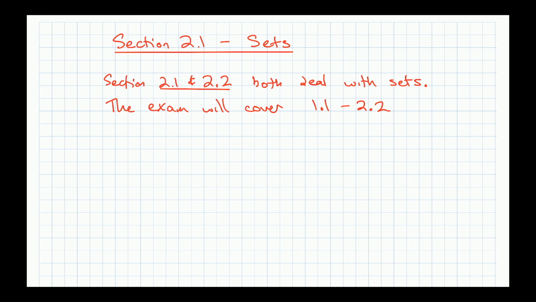And that's actually why the exam is going up to section 2.2, to get some easier material on there. The reason it's not just a chapter 1 test is because I felt like you guys would rather have a couple of easy problems on the end, and that'll make the test a little nicer. So that's why we're lumping this in with chapter 1.